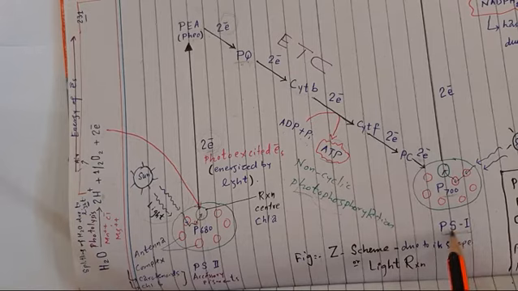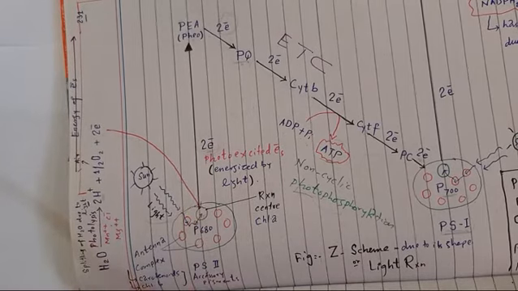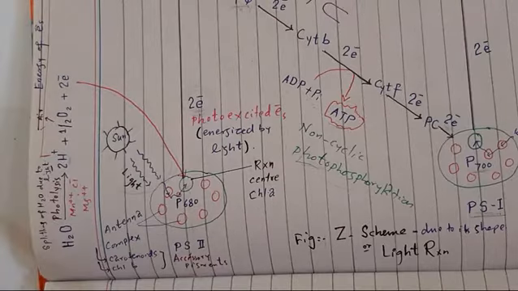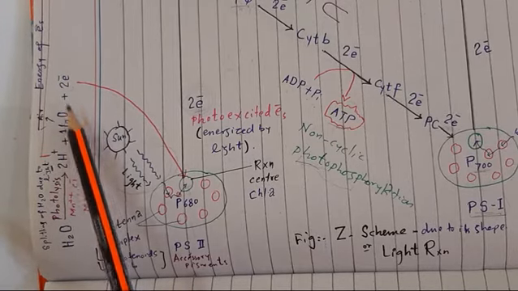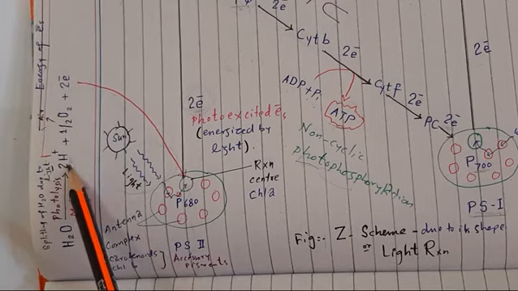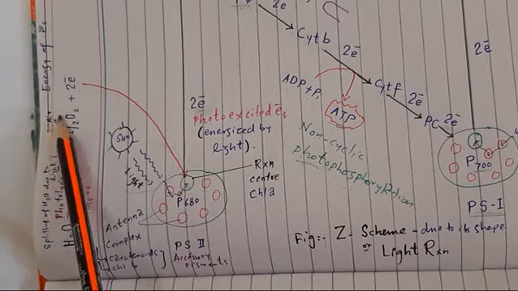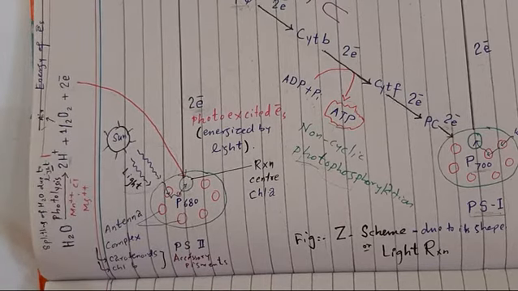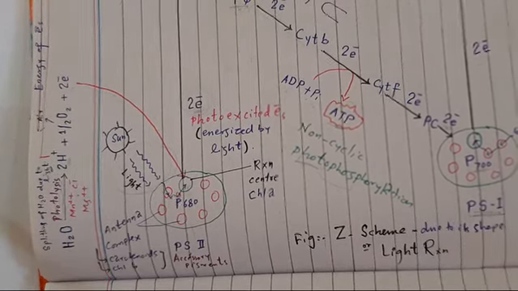As I mentioned earlier, in photolysis the water molecule is split into electrons, oxygen and protons. The electrons are taken up by the positively charged chlorophyll molecule of photosystem 2. Oxygen is released into the air, and the protons are the hydrogen ions.